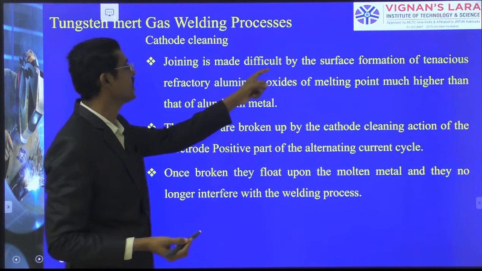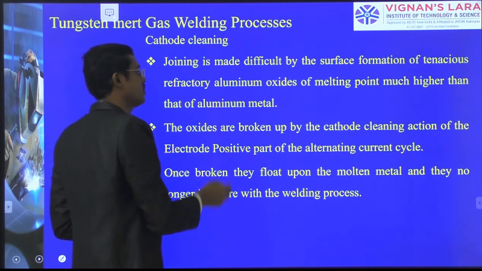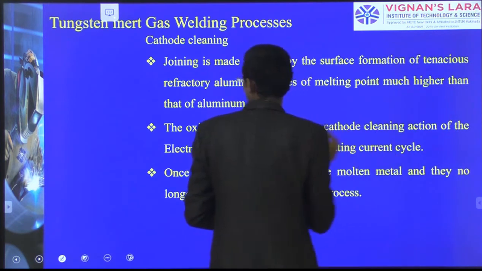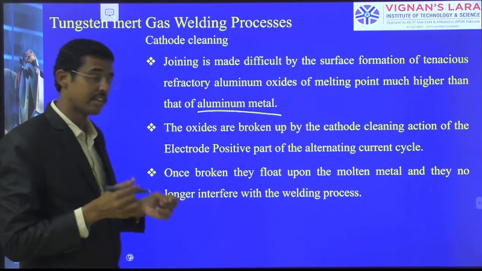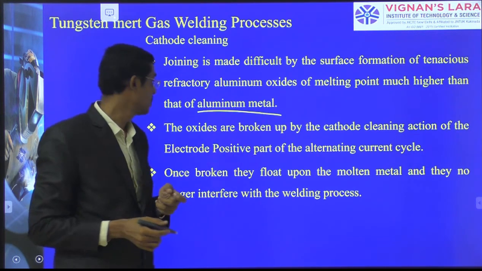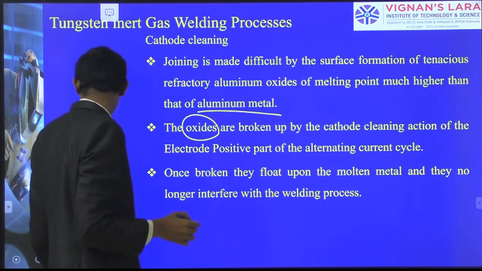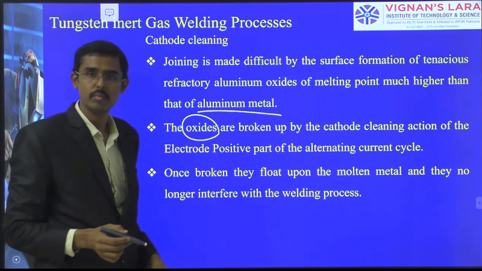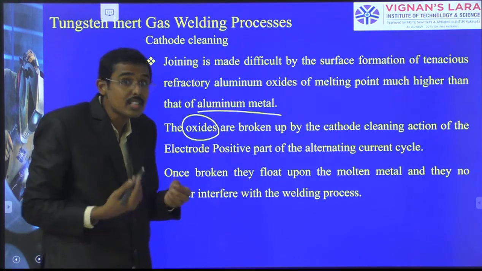Joining is made difficult by the surface formation of refractory aluminum oxide, whose melting point is much higher than that of the aluminum metal. Therefore, the oxides are broken up by the cathode cleaning action. So here our intention is to break the oxides, because atmospheric contamination takes place and the tungsten and the workpiece are oxidized.